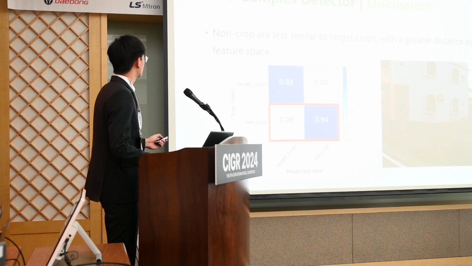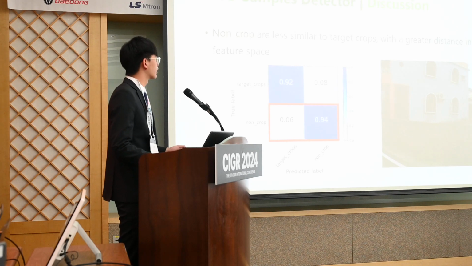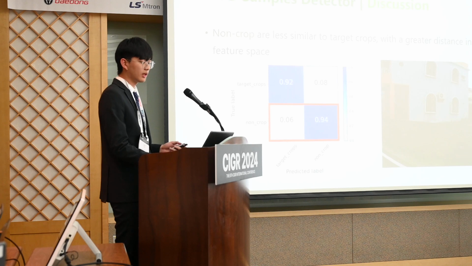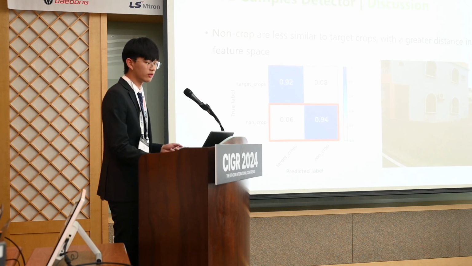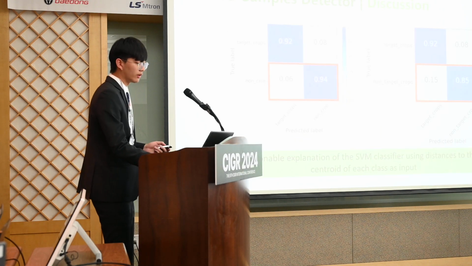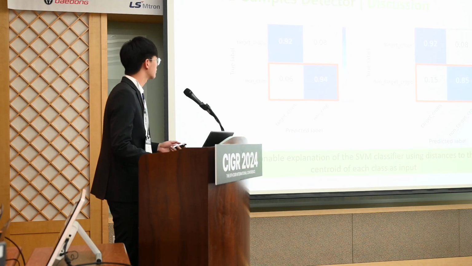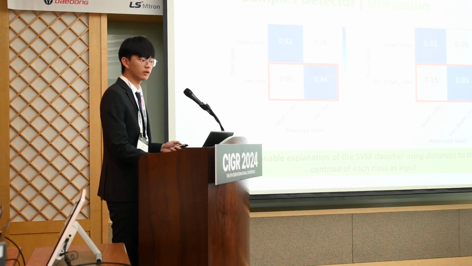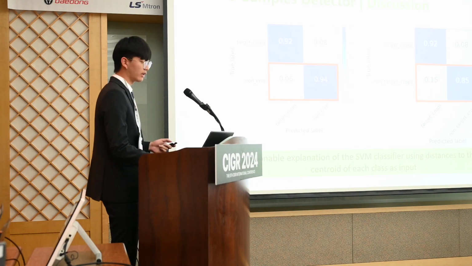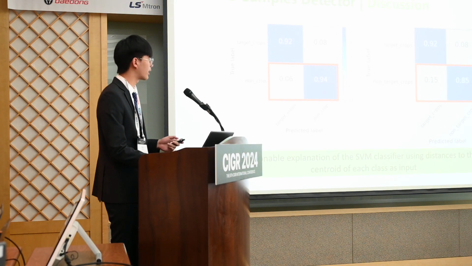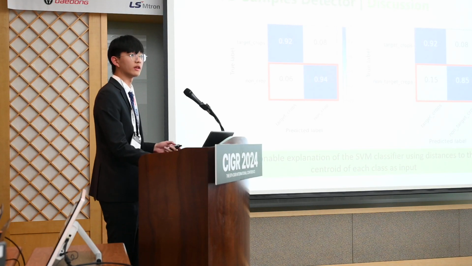On the contrary, non-crop images are less similar to the target crops, with a greater distance in the feature space, making the detector better able to distinguish between them. Based on the comparison between these two, I believe that the difference in the result provides a reasonable explanation for why we should use a support vector machine classifier using distances to the centroid of each class as input.